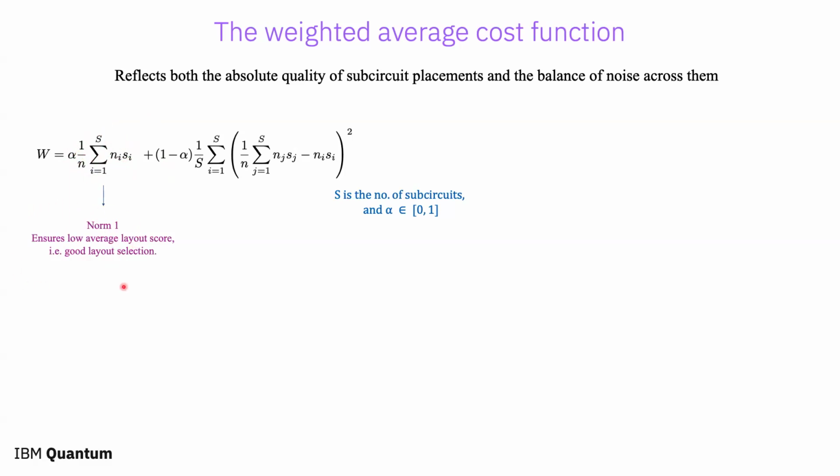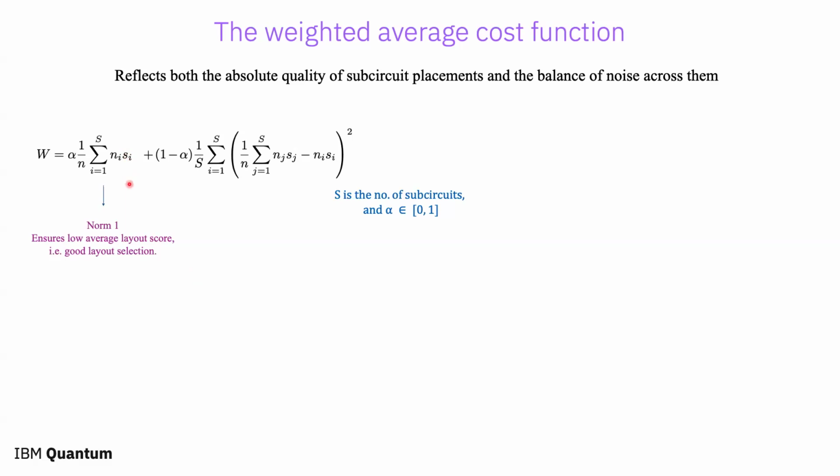So this ensures that the average layout score is low. Indirectly, it means if you end up having a cutting strategy which leads to many swap gates required for the subcircuits, the total layout score, which is a function of the noise in the hardware and the size of the circuit, will be high. So you are already selecting low noise layouts by doing this puncturing.